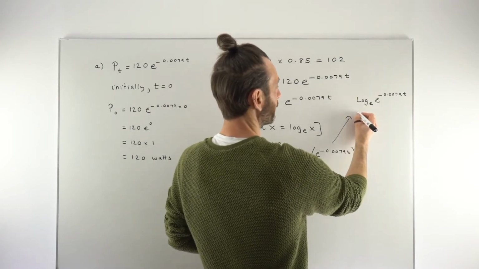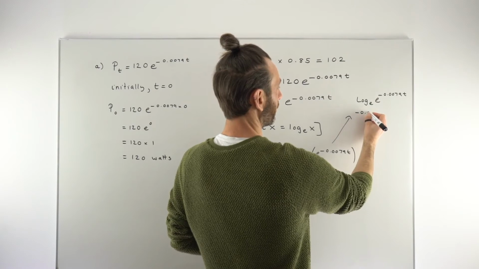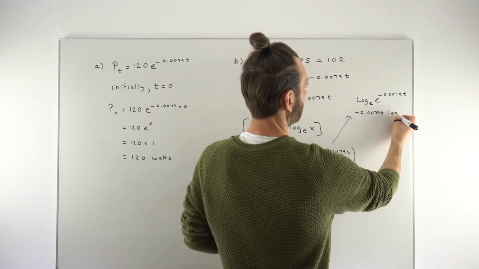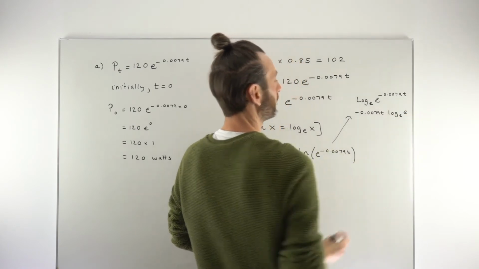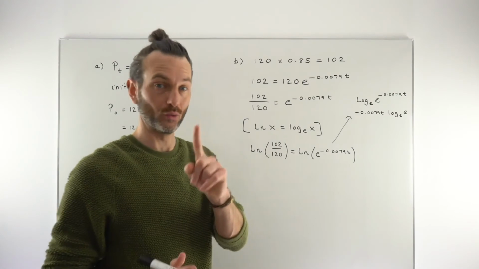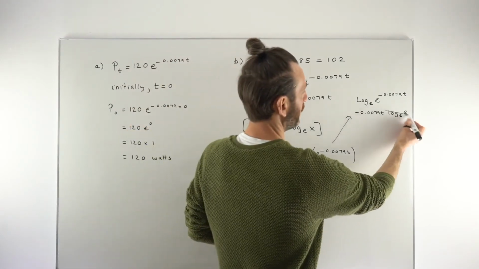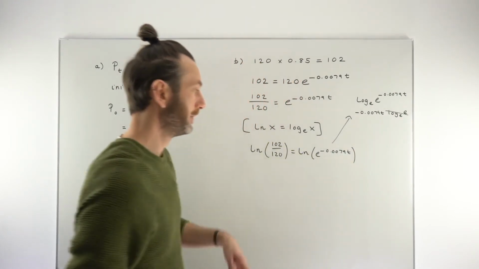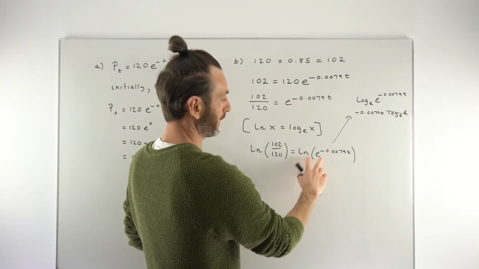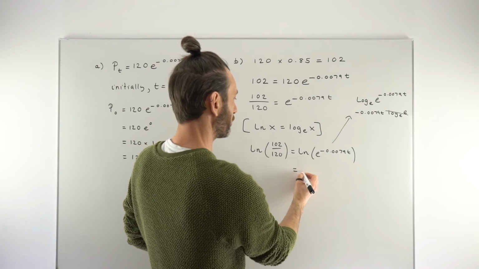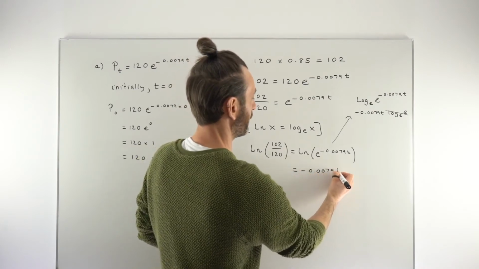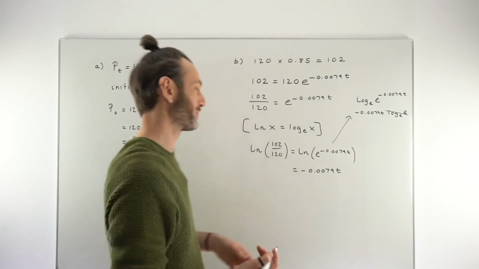So if we bring the power in front, we would get negative 0.0079t times log to base e of e, but log to base anything of itself is just 1. So this just becomes 1, and you end up with just that thing there. You don't need that working, but just to show why, on the next line, the log and the e will just cancel, and you'll end up with just minus 0.0079t. Wow, it feels like I've written that number 100 times already.